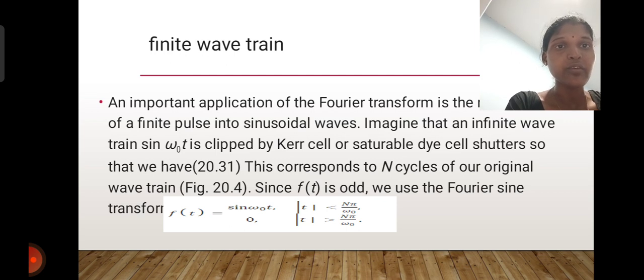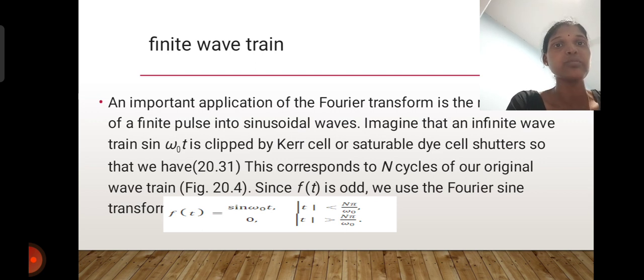Where f of t is ordered, we can use the Fourier sine transform. Here is a small example, where f of t is equal to sine w0 t for t less than n pi by w0, and zero otherwise.